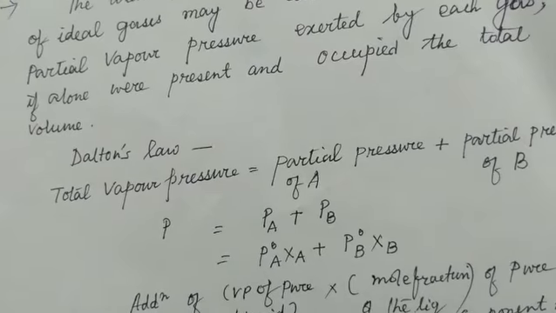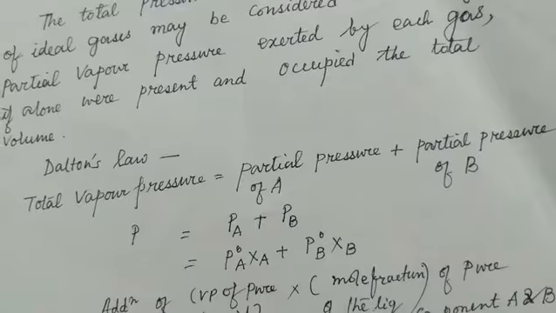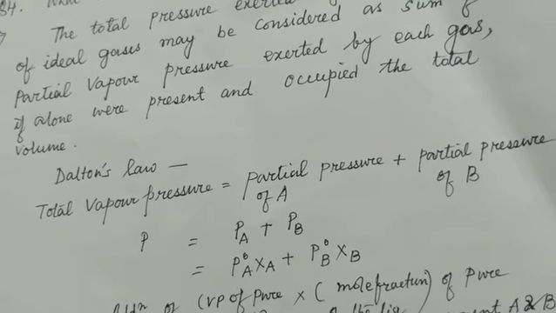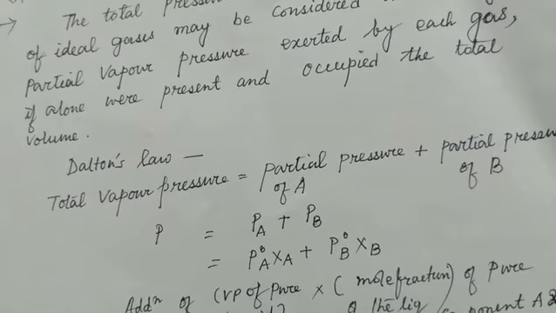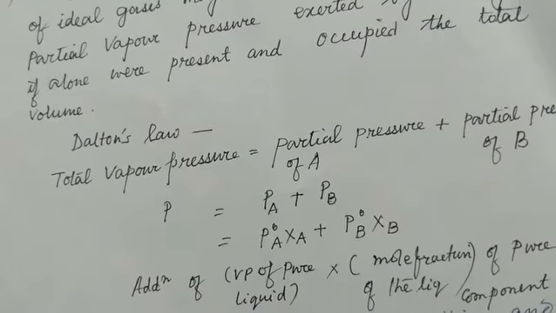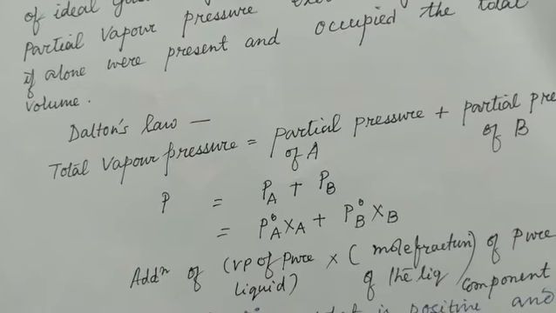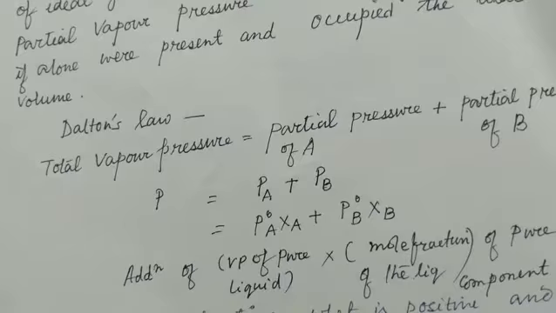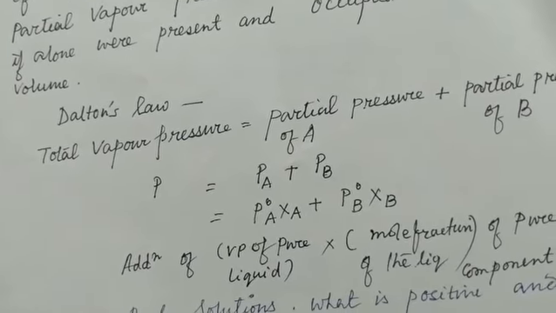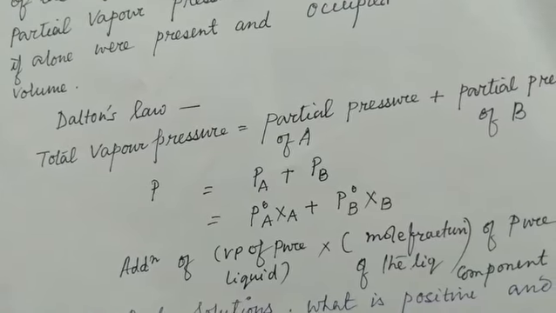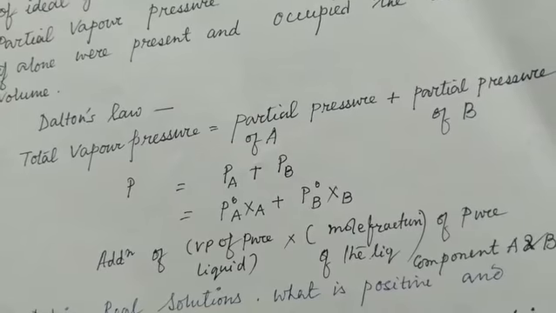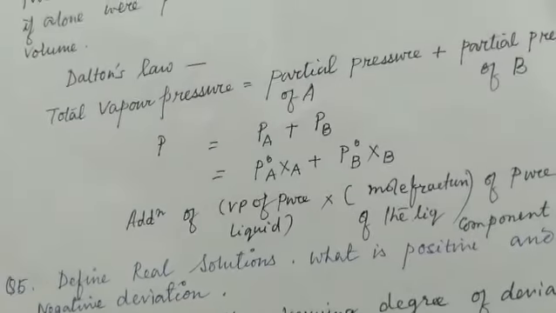So here the total vapor pressure is equal to the partial vapor pressure of A plus the partial vapor pressure of B, that is P = PA + PB, or P = P0A XA + P0B XB, that is the addition of the vapor pressure of pure liquid times mole fraction for both pure components A and B. Okay.